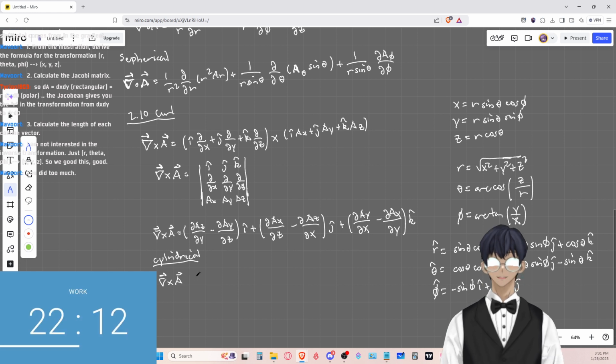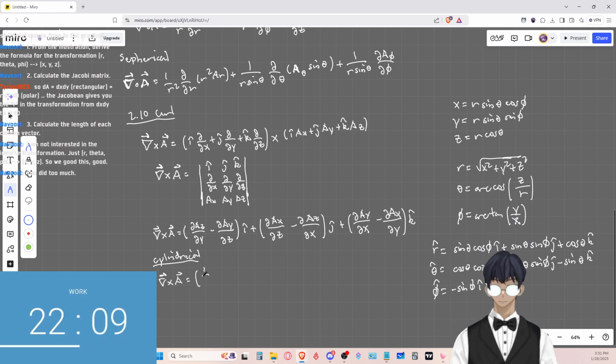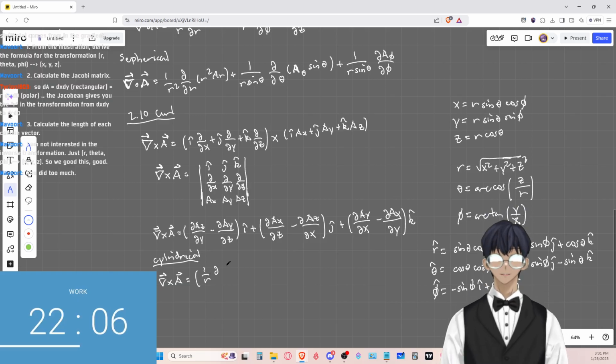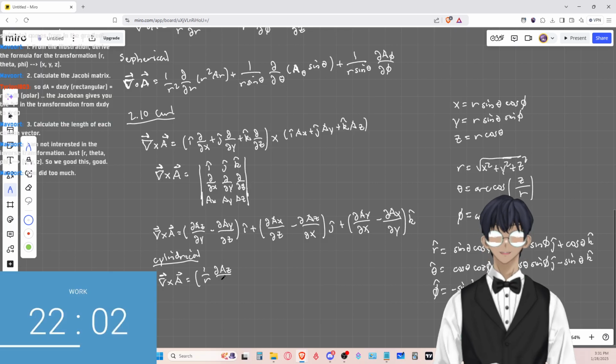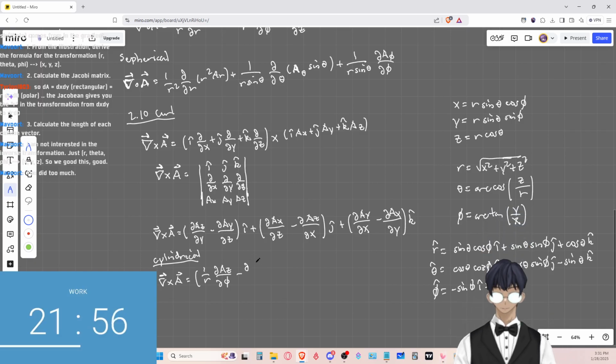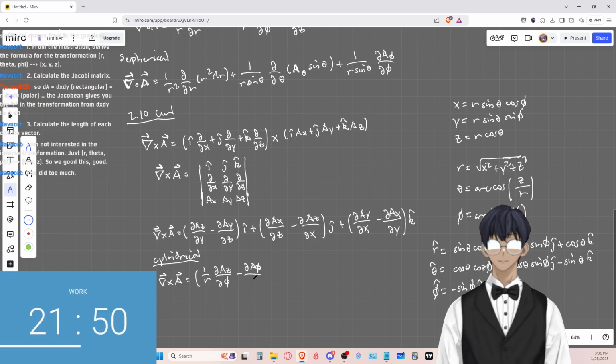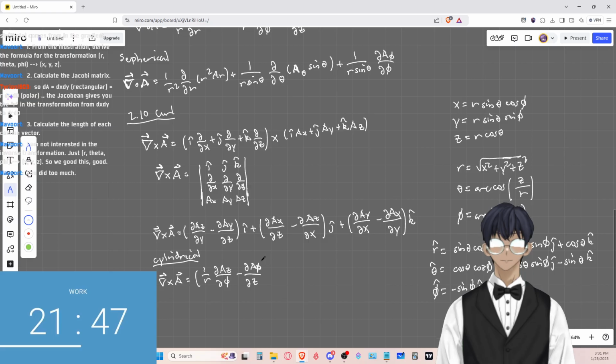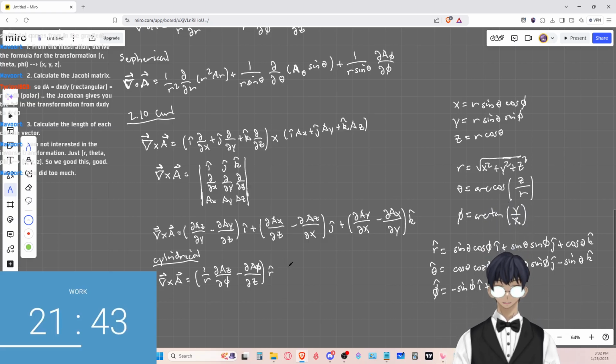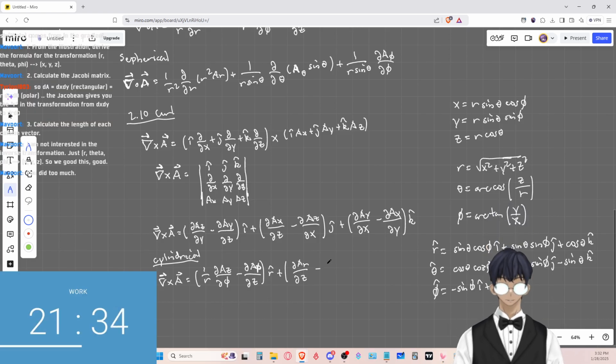So this is 1 over r minus, oops, then r hat plus a_r z minus a_z over a_r.